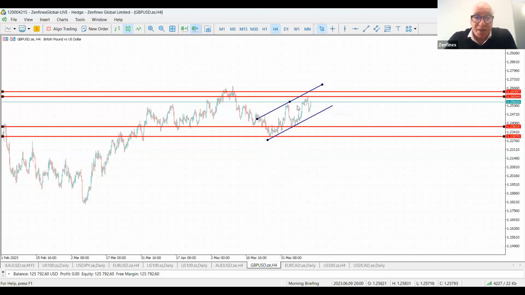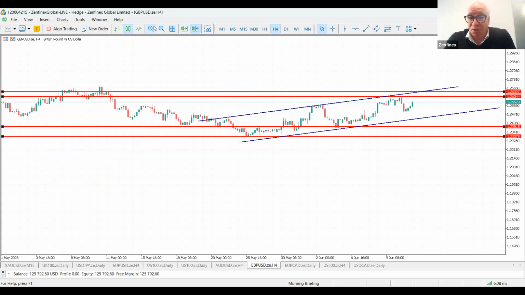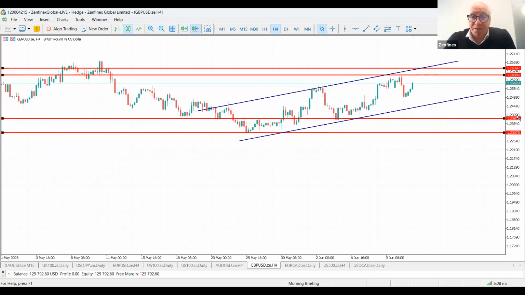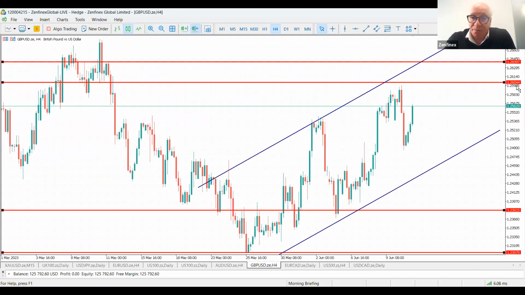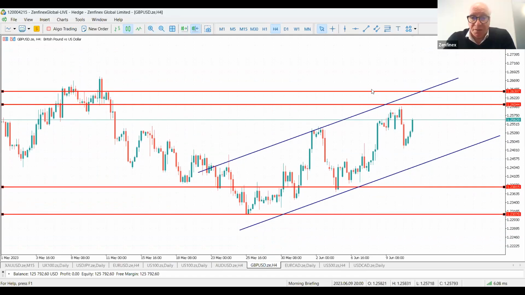So we're going to go to news in a second, but let's just draw our levels in. Let's see if it's conforming to any kind of pattern that's recognizable. Let's just zoom in a bit, make sure I've got my channels a bit better than that. So you can see from the weekly, daily perspective, I've got my sort of frame, I've got my trend direction.